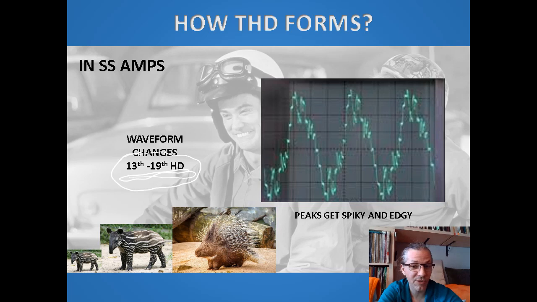And it's in the order of the 13th to 19th order harmonic distortion. And that means that, for example, if you have a 100 Hertz wave, the distortion will be in the 1 to 2 kilohertz range. So that's why transistor amps typically have a clear bass, because in the bass region there's no distortion introduced to the waveform.